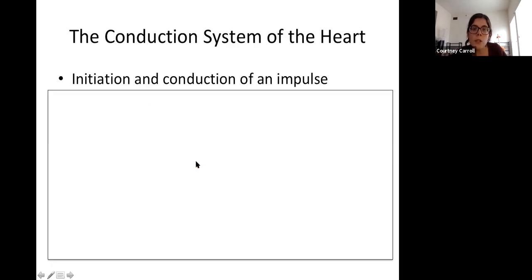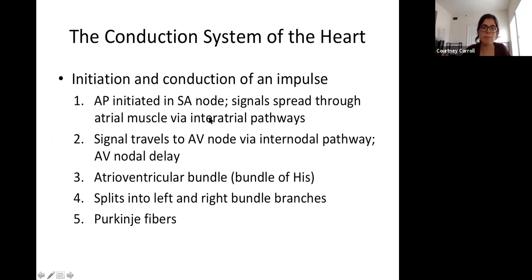They are also spread in other ways. So we have signaling pathways that will spread the impulse as well. So an action potential is initiated in our SA node. That signal is going to spread through the atrial muscle via pathways called interatrial pathways. It will then be spread to the AV node, which is an area that's super, super important, via something called the internodal pathway.